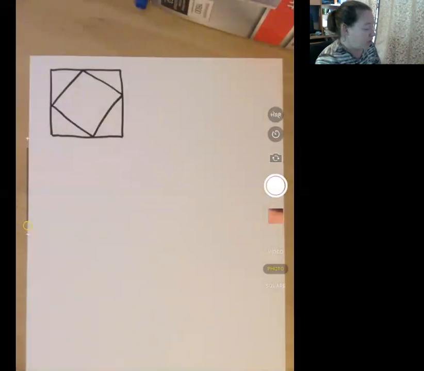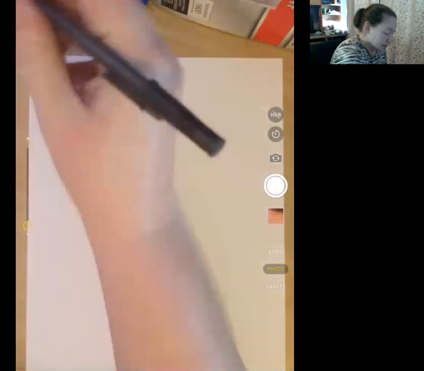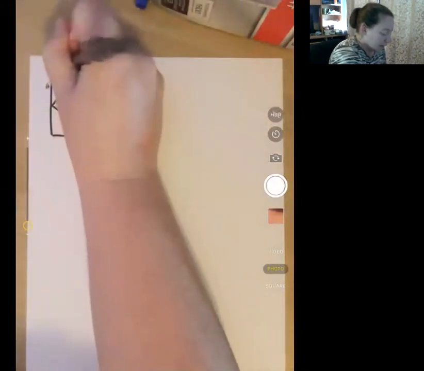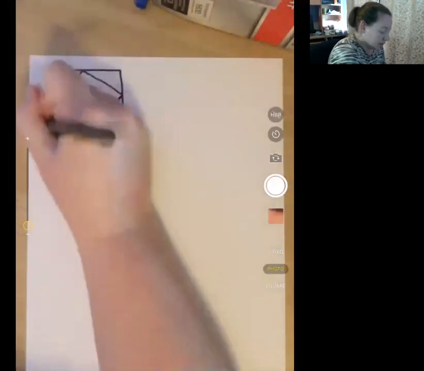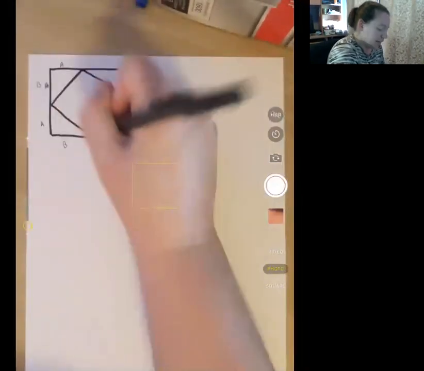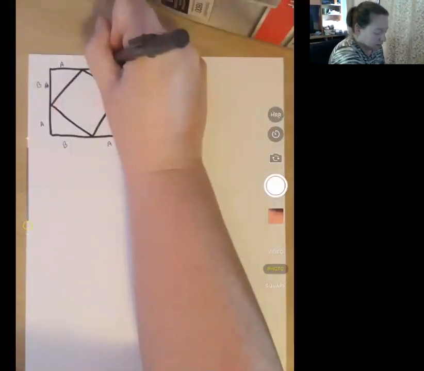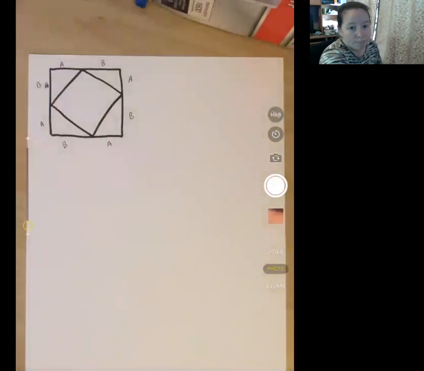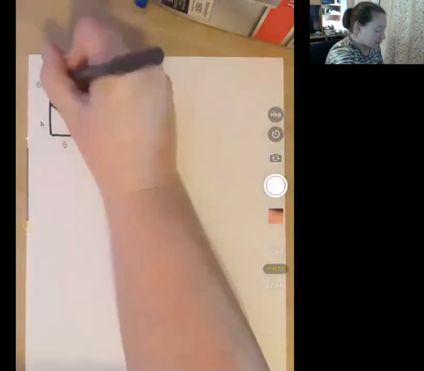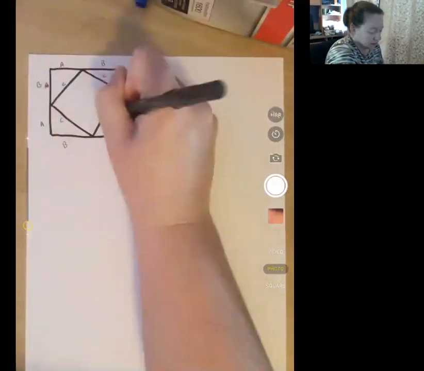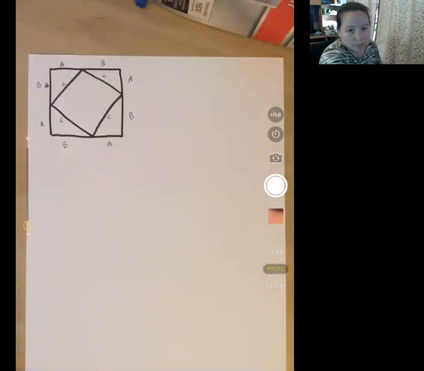For each triangle, label the shorter leg A and the longer leg B. So this is A, B, A, B, A, B. Okay? And then label the hypotenuse C. C, C, C, C. There we go.